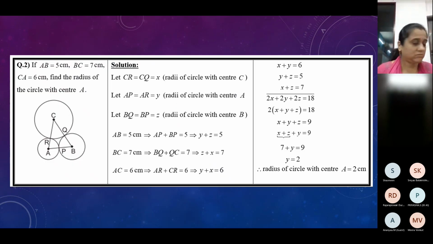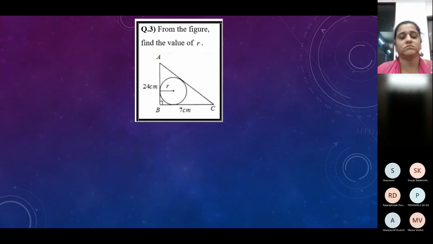All right. Yes, online children. Find the value of R. Okay, I want to say something. If this is for 1 mark, where you don't have to work, you just have to select the correct option.